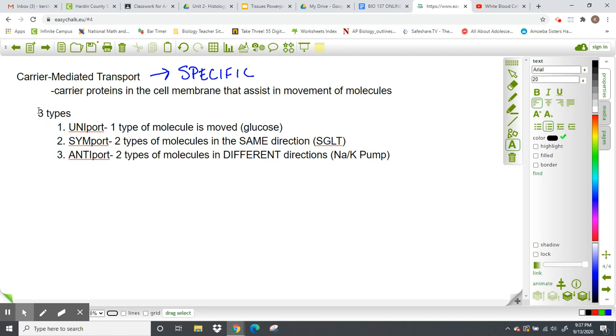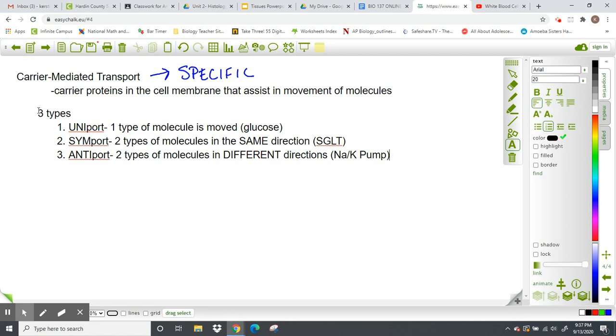I think it's somewhere like a quarter of all the energy that you consume every day is used to power these pumps in your cells. It helps with the conduction of neural activity across your neurons, things like that. So it's really important. At the same time it's bringing, for example, sodium out of the cell, it is bringing potassium into the cell, but the sodium and the potassium are moving in different directions.